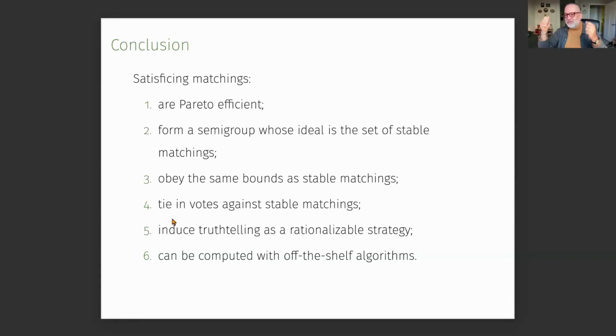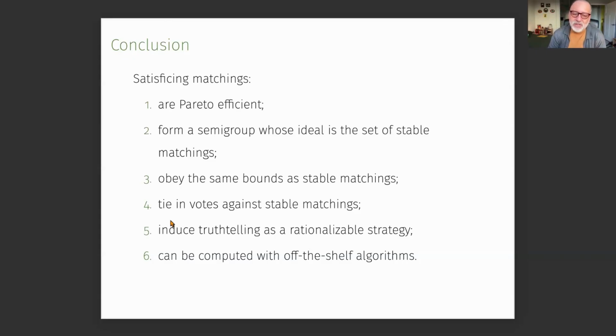If you compare two satisficing matchings, there will be two couples such that in each of these couples, if the woman prefers the other matching, then the man prefers the first matching. It turns out that there will be at least three people, because these couples could overlap. There will be at least three people, one man and two women, or two men and one woman, who have a complete clash of interests between matchings.